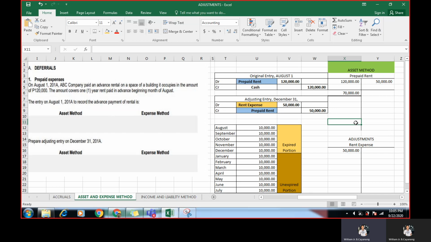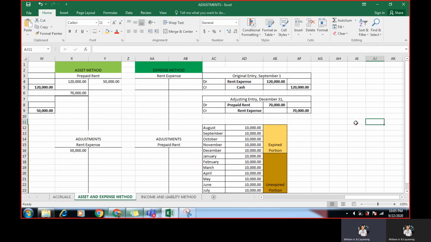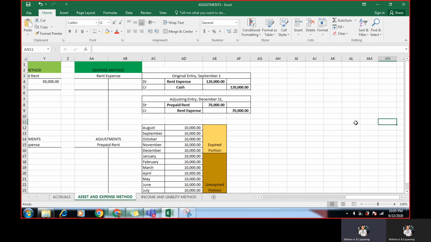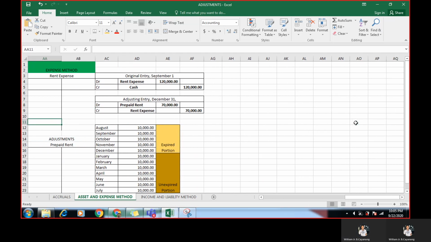Yan. Okay? So, how about if we are going to use expense method? Okay, same problem pa din. Okay, but the method is different. Now, expense method. Under this method, we are recognizing all of the advance payment as an expense. Okay, ano kayang perspective dito ng owner? It's because makukonsume naman kasi natin yan later on.